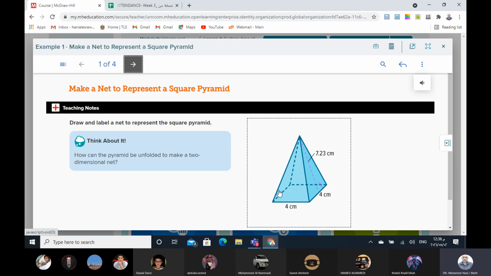You have four sides in the base, which means you have four lateral faces. This is the first triangle, this is the second triangle, this is the third triangle, and this is the fourth triangle. And when you have congruent sides in the base, it means you have congruent lateral faces.